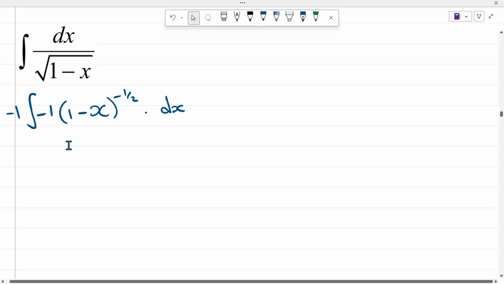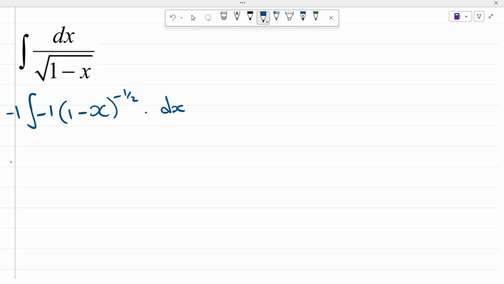So from here, since we have the function and the derivative of that function, we can use the general power rule. Also, our n here is not equal to -1, so we can use the general power rule. So the answer for this is just going to be the -1, which was coming from there, and then (1 minus x) to the power -half plus 1, that's your +half, divided by half, plus c.